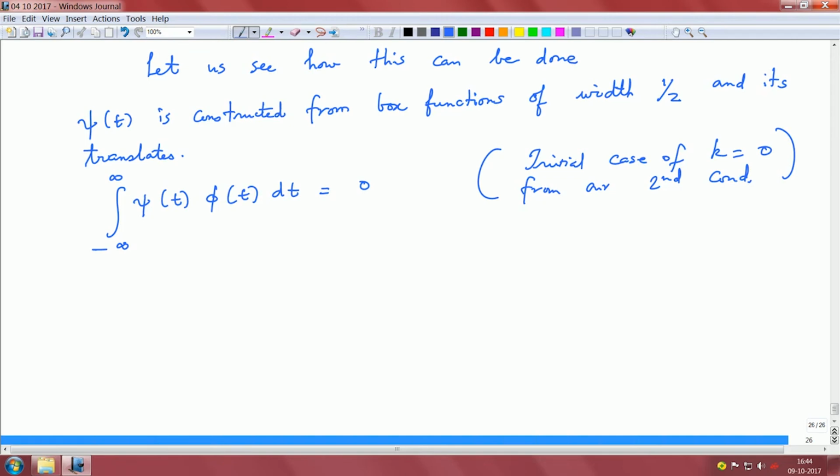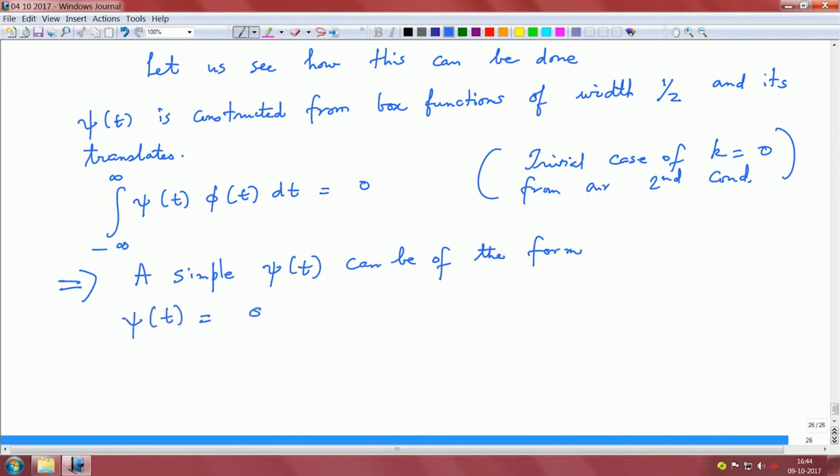Okay, if this has to be satisfied, a simple psi of t can be of the form psi of t is phi of 2t minus phi of 2 times t minus half. Let us get the picture here, right.